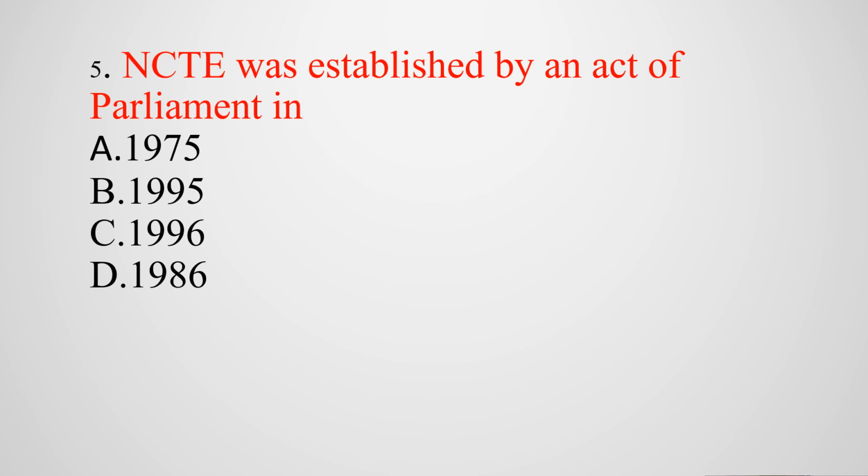Why? Because if you can see the options here, A, B, C, D are very close: 1975, 1995, 1996, 1986. As per my knowledge, except C, the remaining three are very closely associated with the NCTE.